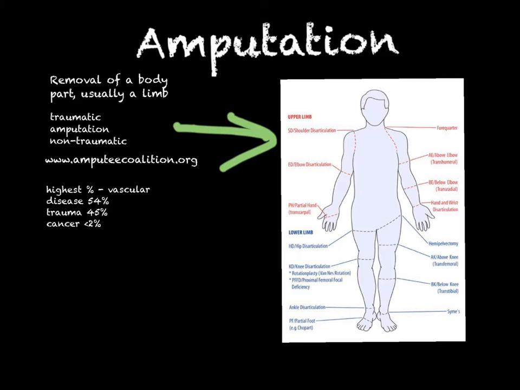Think about cooking and taking care of your kids and taking a shower. All things that you do with your hands and arms that now people need to learn new ways of doing things. And one of the things I liked about that Amputee Coalition is it showed you some videos of people who had lost upper extremities and how they learned to compensate with good occupational and physical therapy.